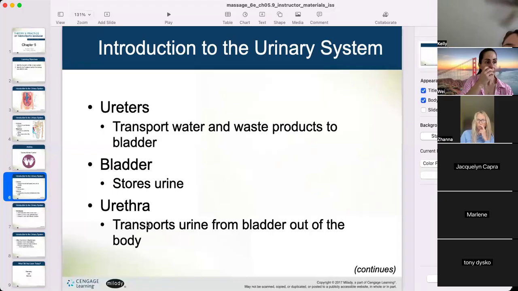Now the bladder acts like a reservoir, like we said, and there are sensors where the bladder accumulates urine. After the bladder fills about a cup's worth, the sensors, or the sphincter at the end of the bladder, will sense that the bladder is full, okay? So it's time to go use the bathroom.